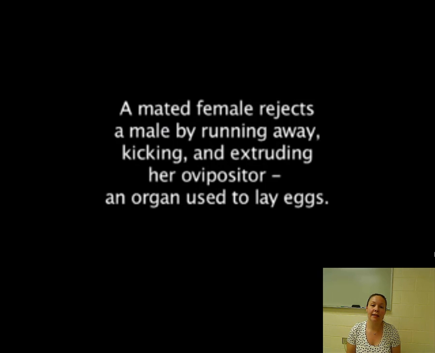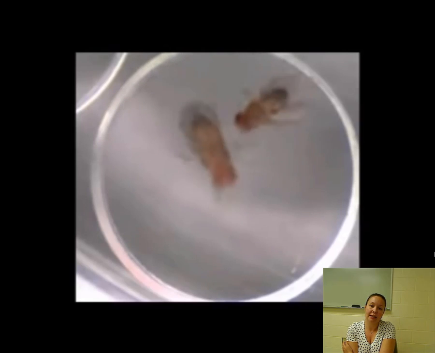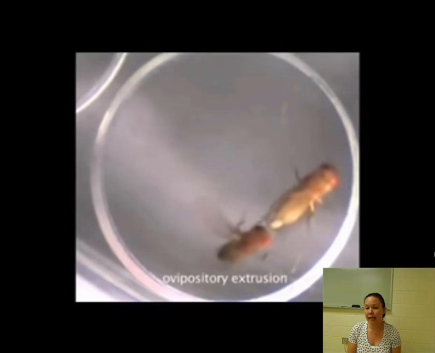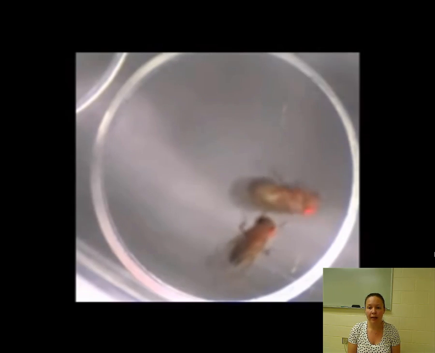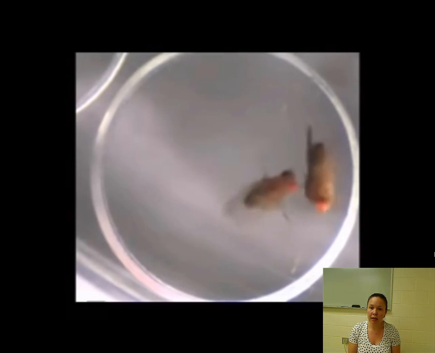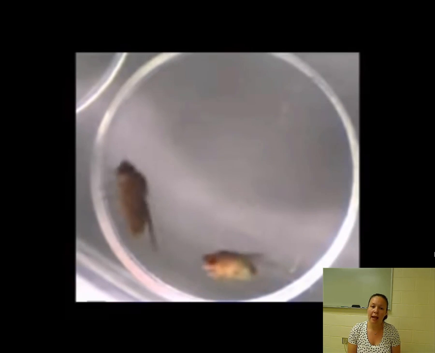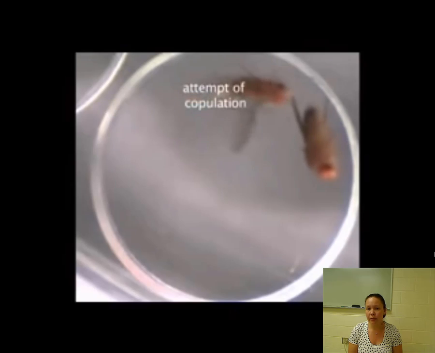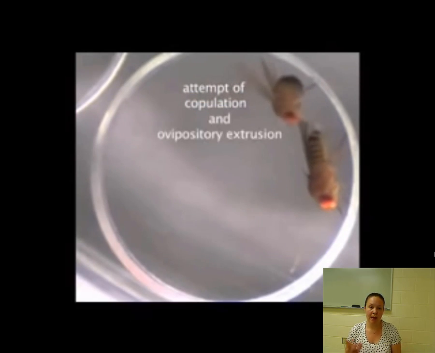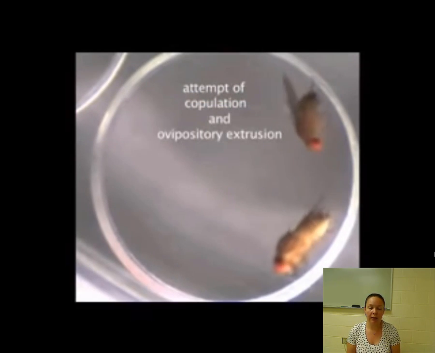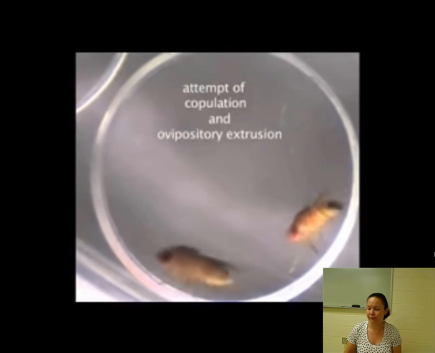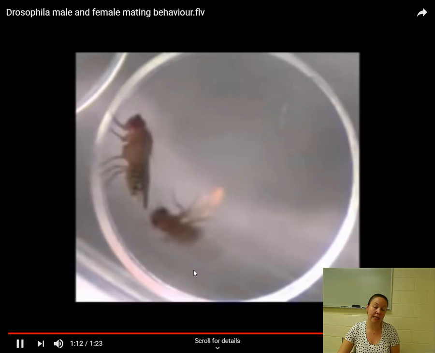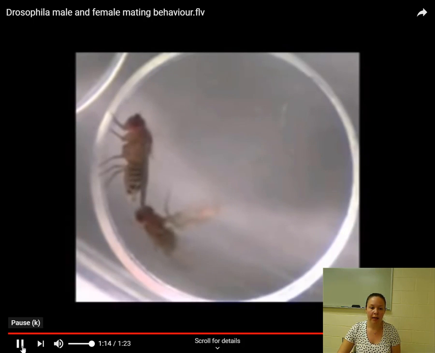And you can see that in this example, she's rejecting the male and running away, and she will not allow mating to happen. So that shows you again that females are the choosy members of the species, and they decide based on several cues which males she will allow for mating with. So you can see that the male is following, but the mating is not successful.